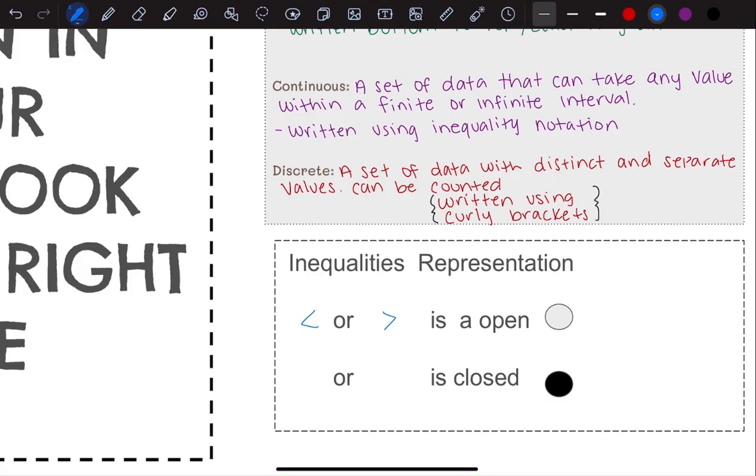A closed circle means we're using the inequalities less than or equal to or greater than or equal to, because the closed dot means included and the open dot means not included. So if we have a value that is included, then we can use the less than or equal to. Equal to means that that number is included in our domain or in our range.